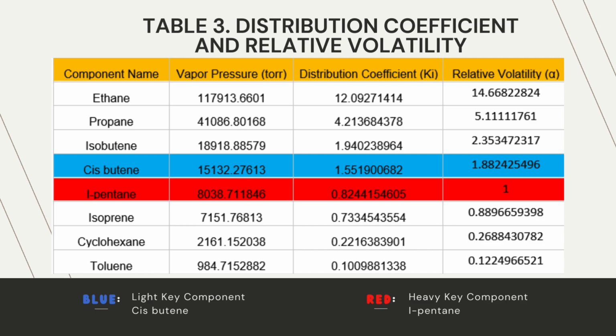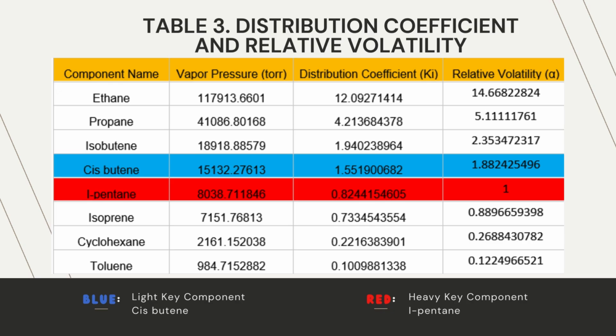Table 3 presents the calculated distribution coefficients and relative volatilities for components C2 to C7. In this table, cis-butene, highlighted in blue, is identified as the light key component. It has a distribution coefficient of 1.551900682 and a relative volatility of 1.882425496.